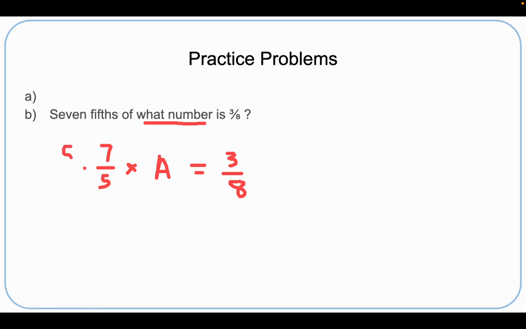So I'm going to multiply by 5/7, and then multiply by 5/7 on the other side of our equation. These will cancel out, and we'll be left with A equals 3 times 5 is 15, 8 times 7 is 56. So A equals 15/56.